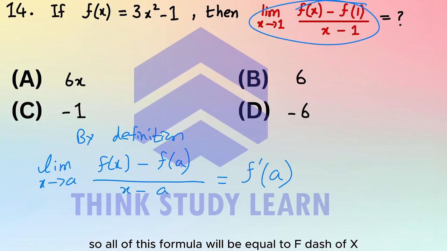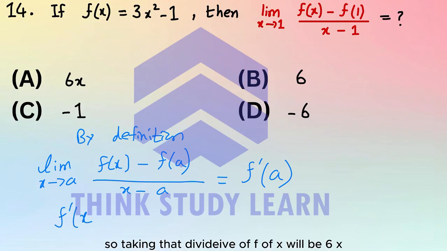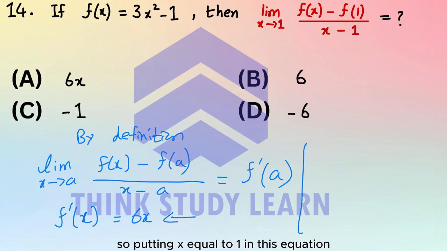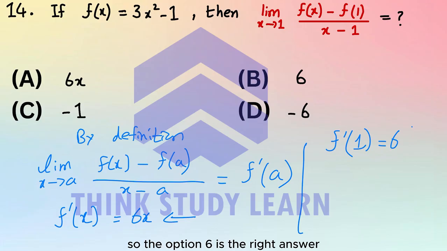So the whole of this will be equal to f dash of x. Now we have to take the derivative of this equation. Taking the derivative of f of x gives 6x. Now putting x equal to 1 in this equation, f dash of 1 will give us the value 6. So B option, 6, is the right answer.